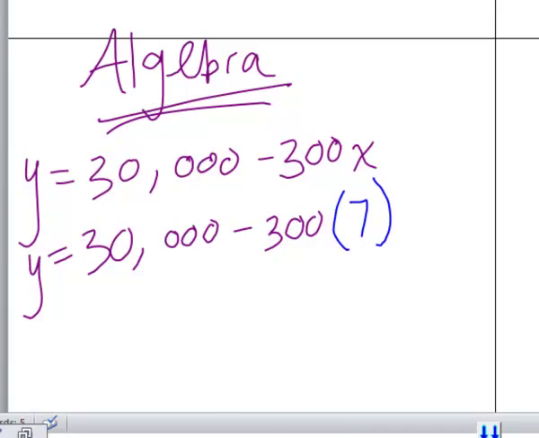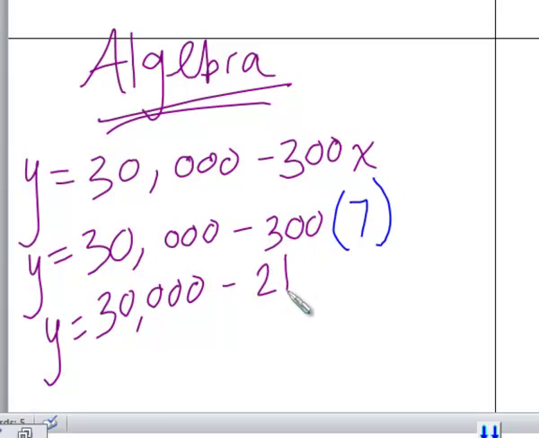So we know that we have Y equals 30,000 minus, then we need to multiply this. So what is 300 times 7? Well, that would be 2100. So if you would like to use a calculator, you can go ahead and do that.